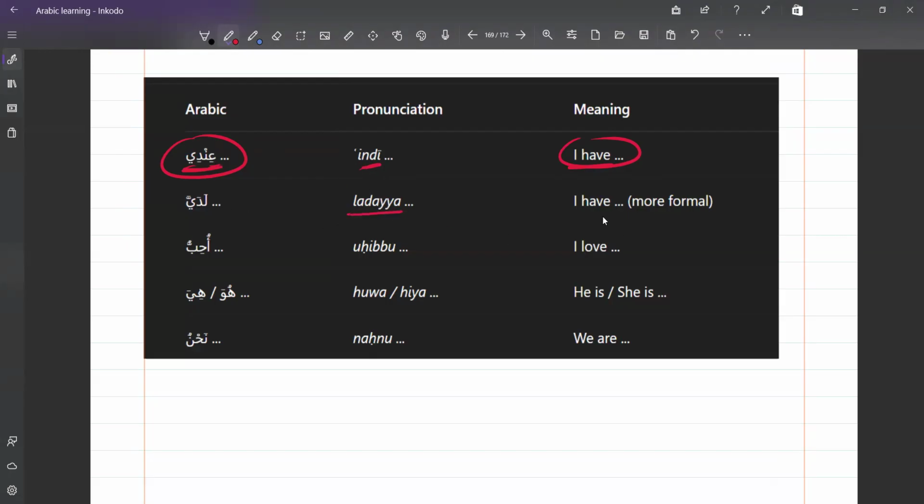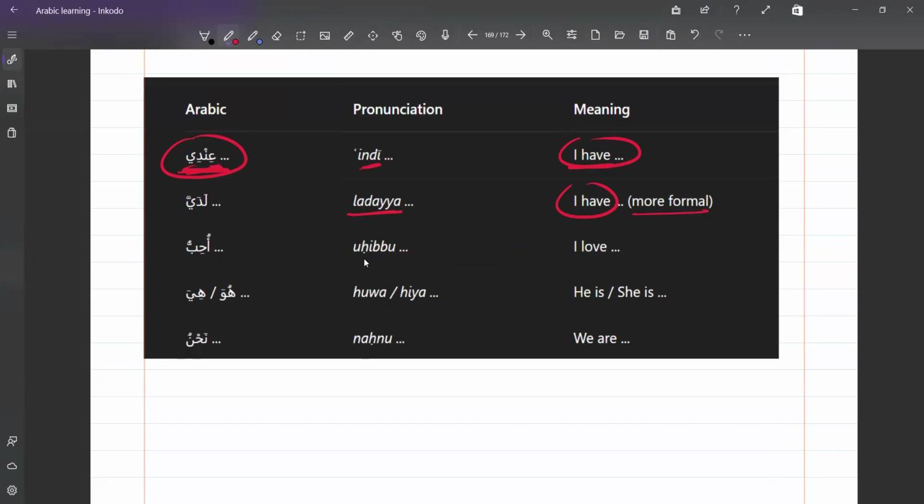And ladayya again means I have, but it is more formal. So ladayya and indi mean the same, but ladayya is more formal.